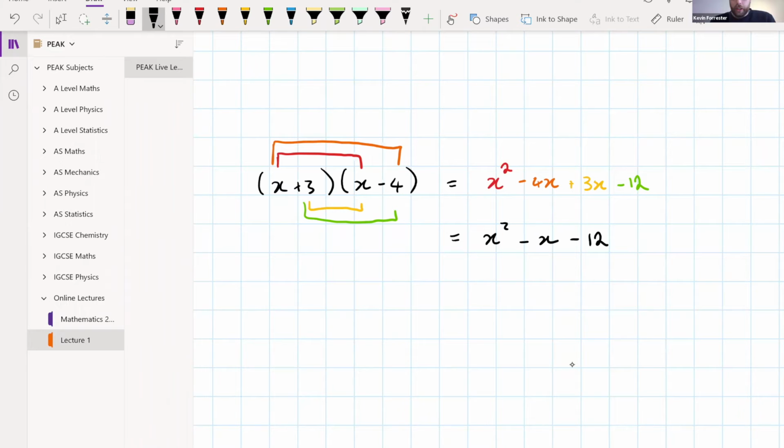Now you may notice that here, if you go minus 4 plus 3, it actually gives you minus 1, but I haven't written a minus 1. And it's because it's implied. If you have a negative variable, it's the same as saying minus 1 times that particular variable.